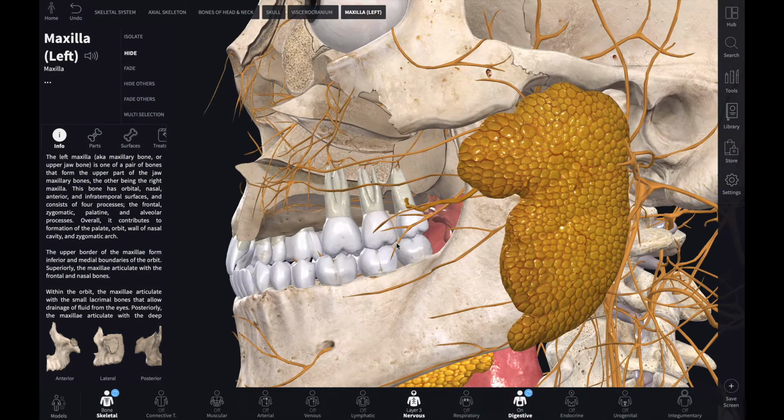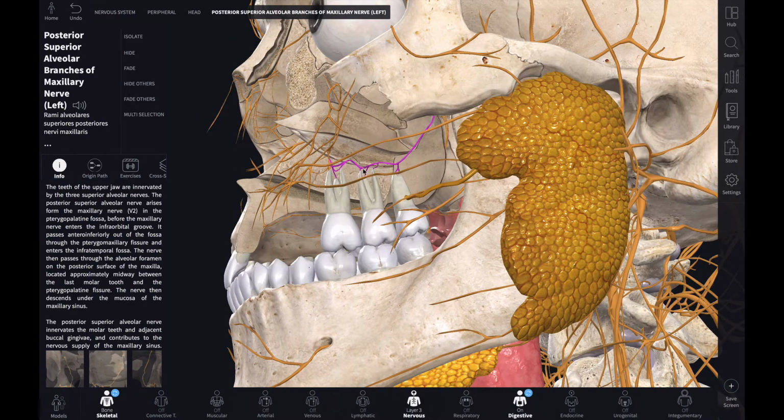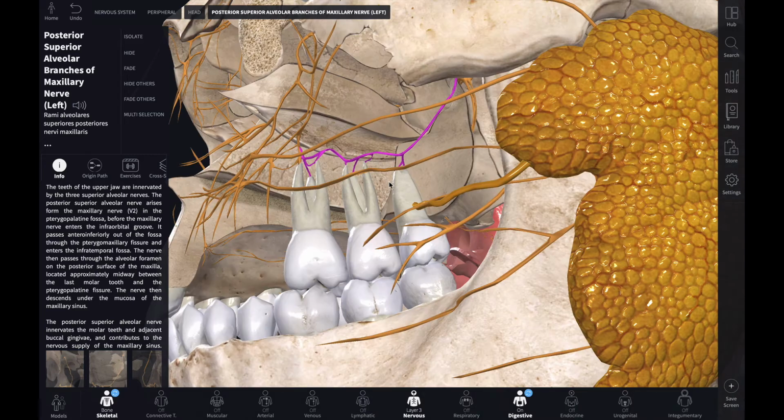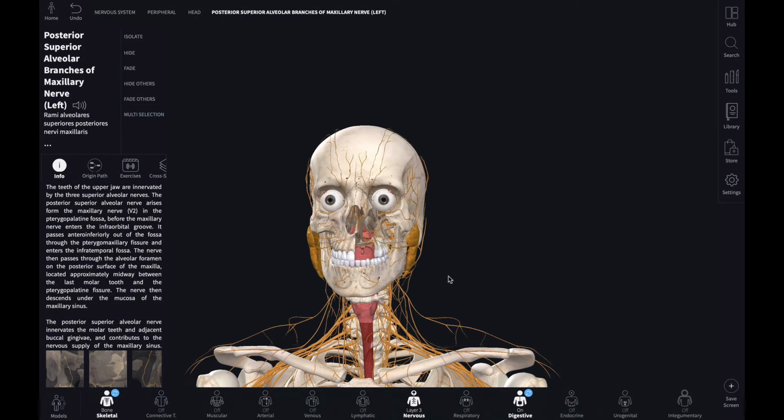These are the branches of the trigeminal nerve. The trigeminal nerve enters the dental socket and supplies the nerve. If there is any dental caries, a decayed tooth, it irritates this nerve root and causes a severe amount of pain.